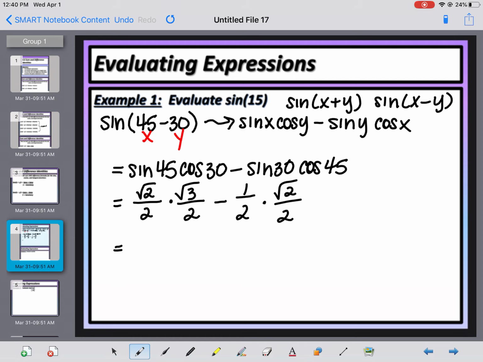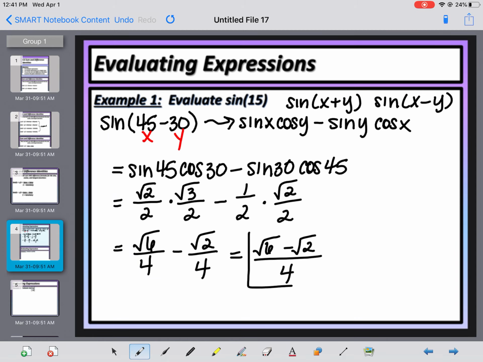Now we're just going to simplify. We need a common denominator, and remember, you cannot add or subtract radicals unless the number inside is the same. That would be my final answer for that one.